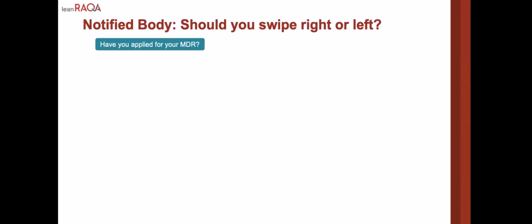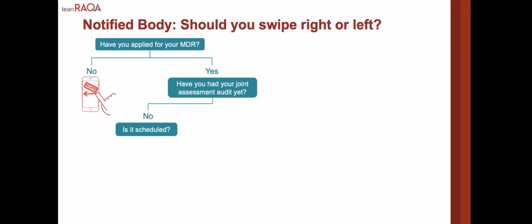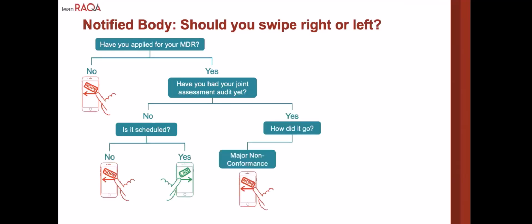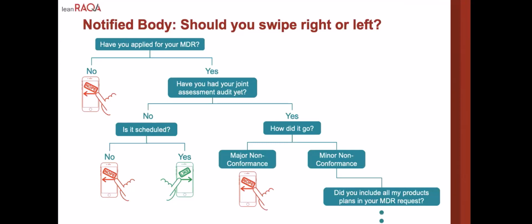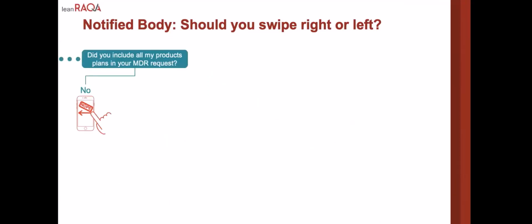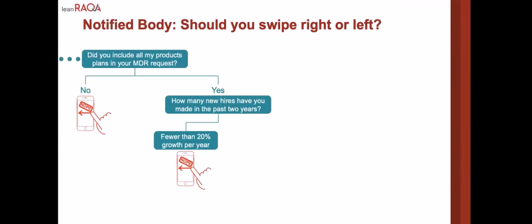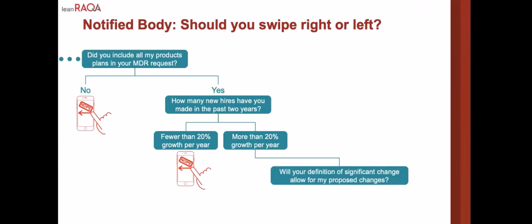I make a joke that it's a little bit more like dating on Tinder when picking a notified body and deciding if it's the right fit for you. There's a series of questions that you need to ask yourself, and or ask the notified body, and depending on their answer, it will help guide whether they are the right fit to designate your product with a CE mark.